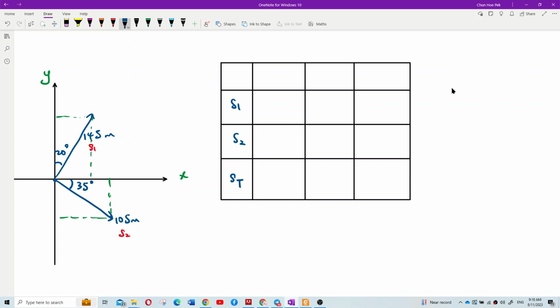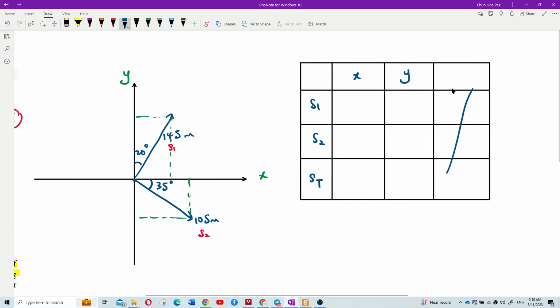Actually I don't need so many. Never mind, this part no need.